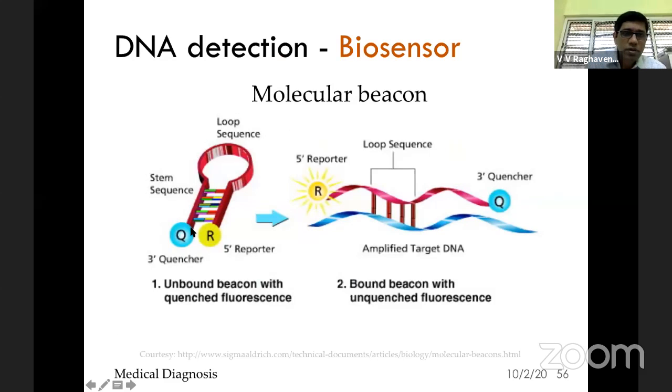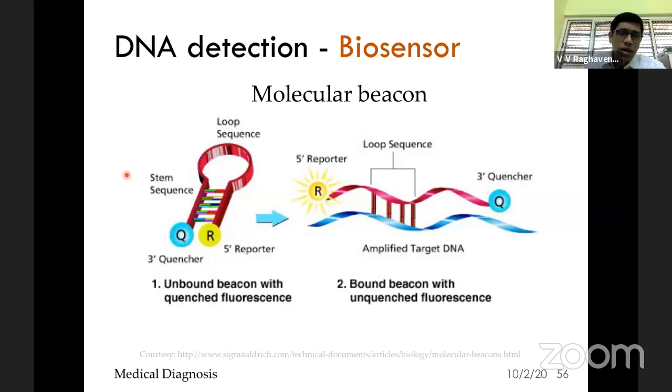Here you have two things: a quencher and a reporter on either end of the DNA strand. This is one single stranded DNA, with a sequence such that this region is complementary to this region, and that's how you get a small hybridization stem.